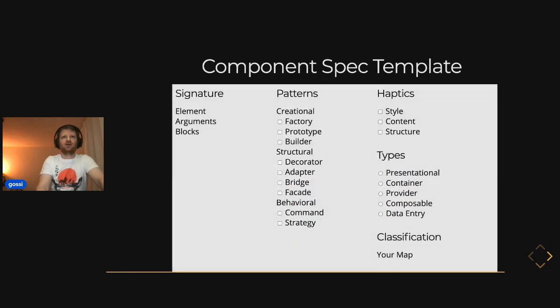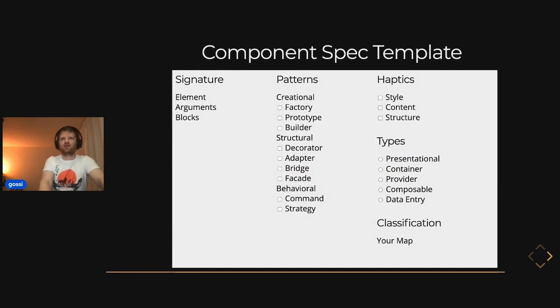So if we add this to our component specification template, then they actually are part of the signature of a component, and where we would define such a thing just in CSS land. But I think the tooling around this does not exist yet at all, or I am not aware of it.